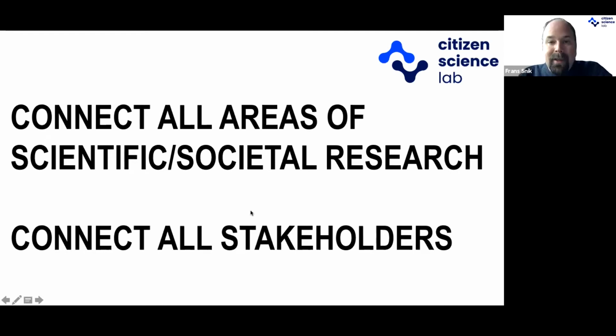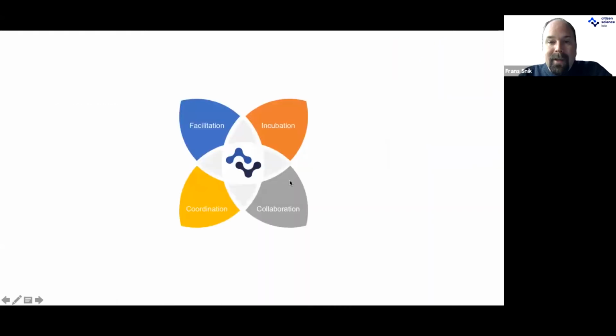So no longer just projects that are coming from the university or just projects that grow up bottom up, but connect all these movements. So these are the roles that we see for ourselves in the lab, that we facilitate project development, but in the extreme form, we really want to incubate radical, innovative new forms of citizen science and coordinate those and collaborate with all relevant stakeholders.